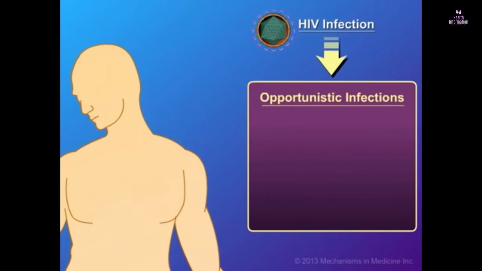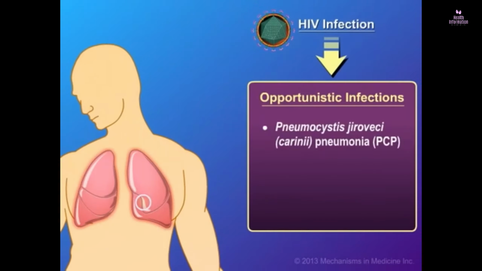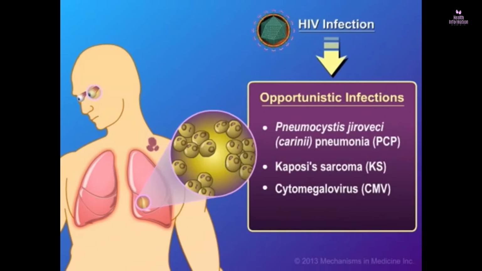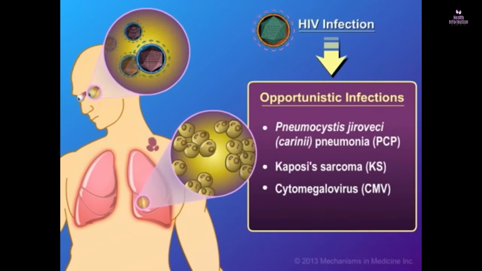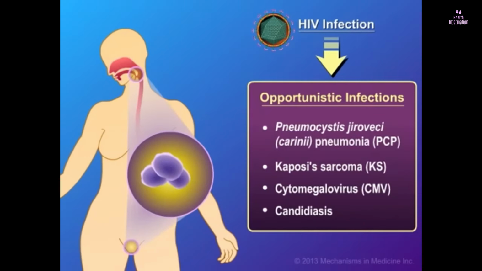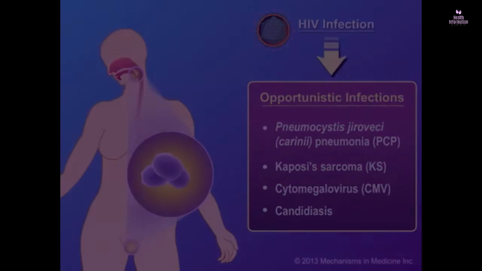The most common opportunistic infections are pneumocystis pneumonia, a lung infection, Kaposi sarcoma, a skin cancer, cytomegalovirus, a viral infection that usually affects the eyes, and Candida, a fungal infection that can cause oral thrush, a white film in the mouth, or infections in the throat or vagina.